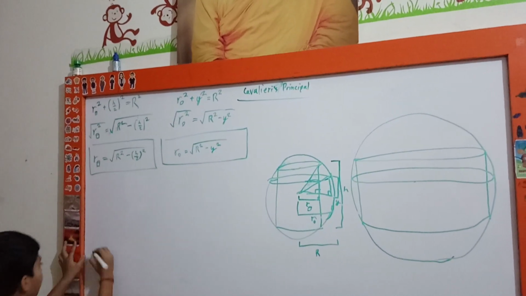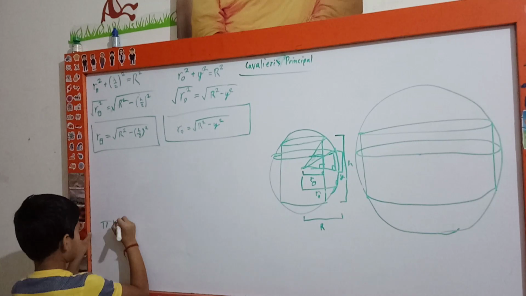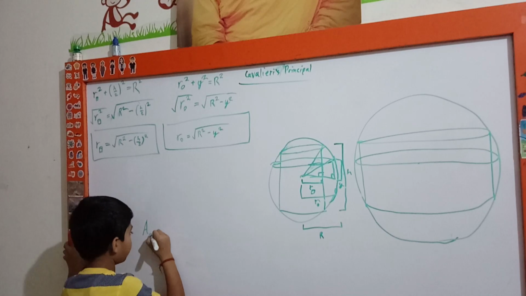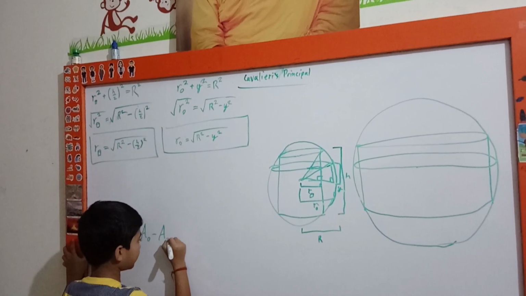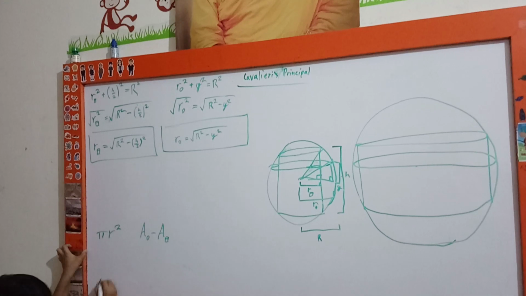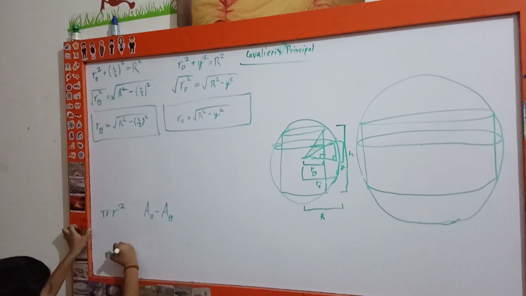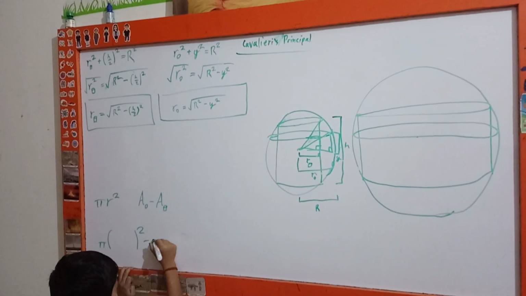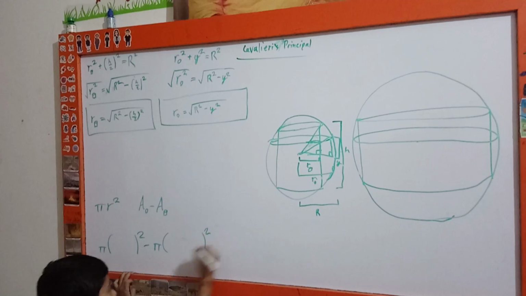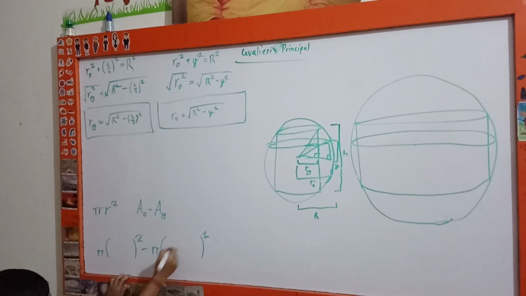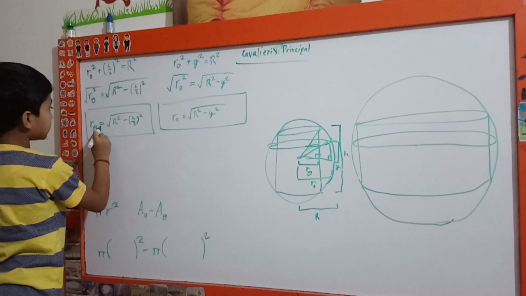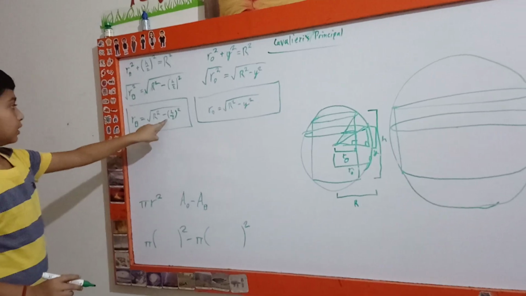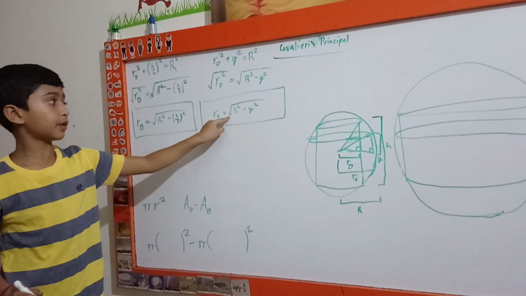Now there is a way to describe a cross section's area. We need to subtract the area of the cylinder from the sphere. So we have to take pi, multiply that squared, minus pi times the other squared.